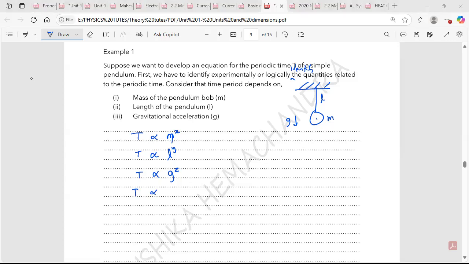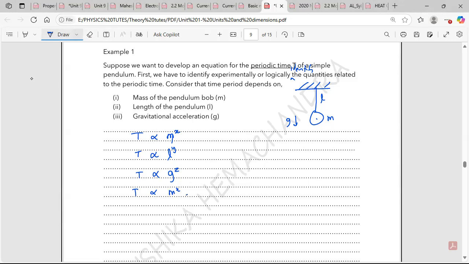If T is separately proportional to mass, length, and gravity, it should be proportional to their product as well. So it's m to the power x, L to the power y, and g to the power z. So we can equalize by using a constant k.